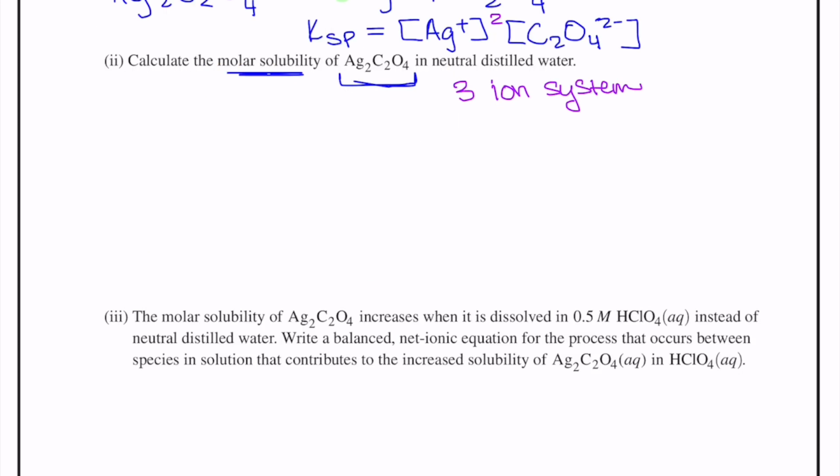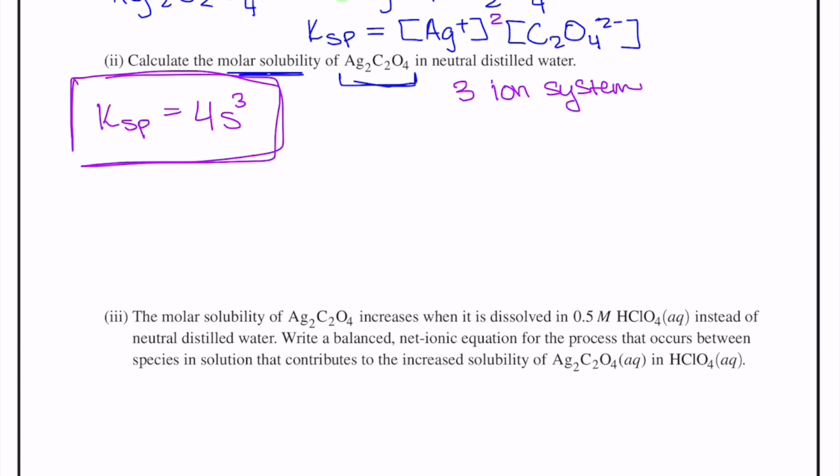When it is a 3-ion system, the shortcut that we can use is KSP equals 4s cubed. Depending on whether it's a 1, 2, 3, 4, 5-ion system, there are different shortcuts that you can use, and you don't have to go through the complicated alternative procedure.